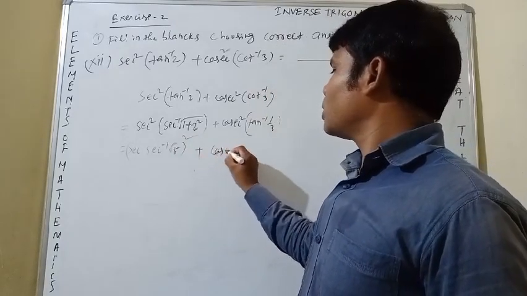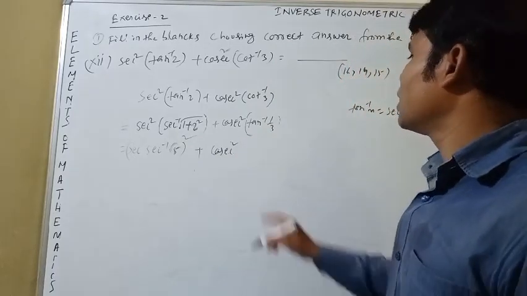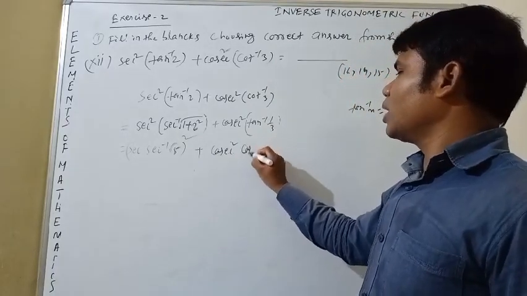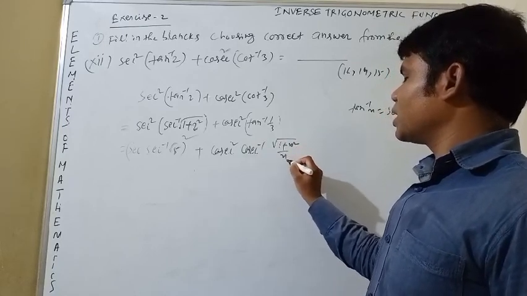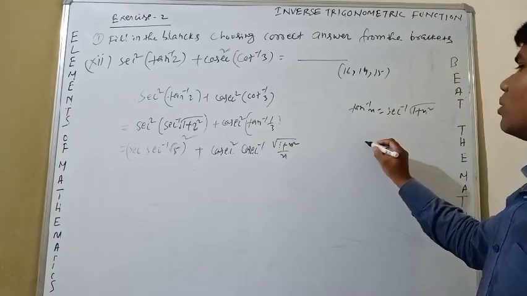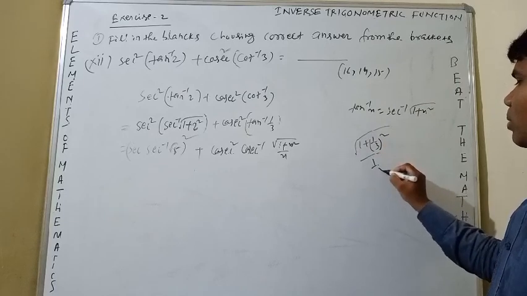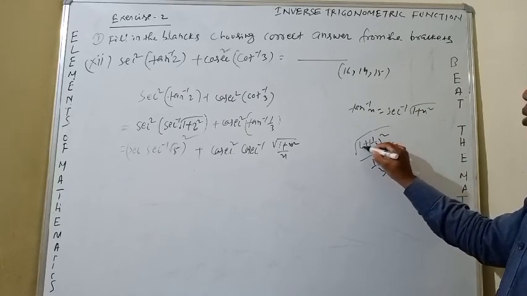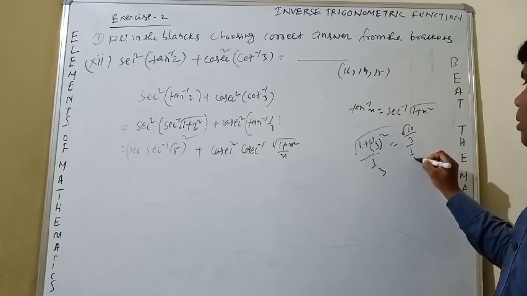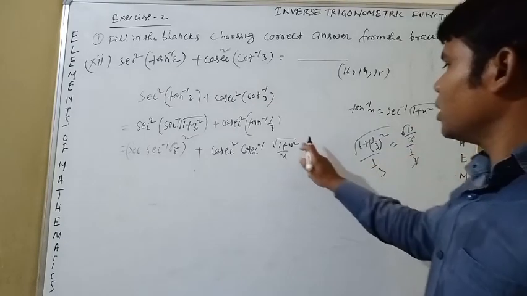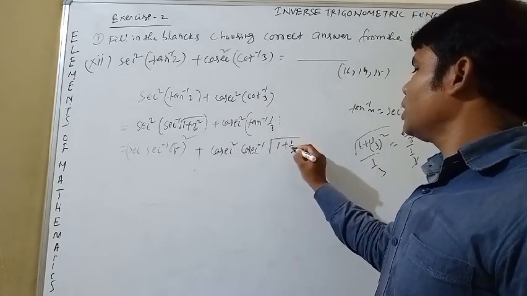This you express in cosec inverse: cosec inverse root over 1 plus x square by x. That is, 1 plus x square is equal to how much? Root over 1 plus 1 by 3 whole square, by 1 by 3. This is equal to 9 plus 1, root 10 by 3, by 1 by 3.